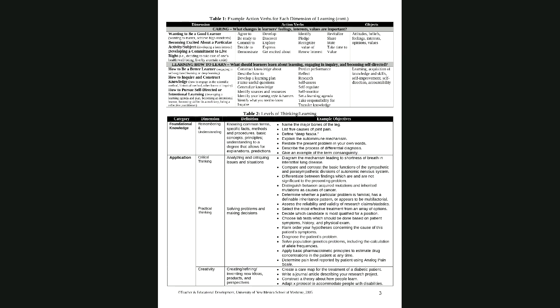So you have this handout and you have the link to Bloom. Yeah, the Fink taxonomy you have as a handout. It's called Effective Use of Performance Objectives for Learning and Assessment.